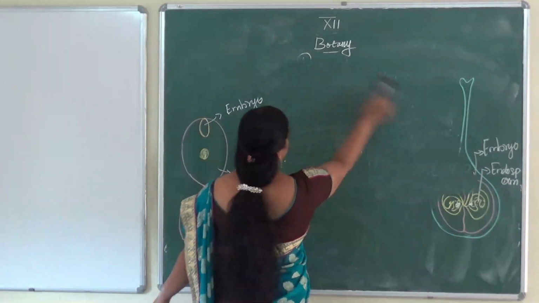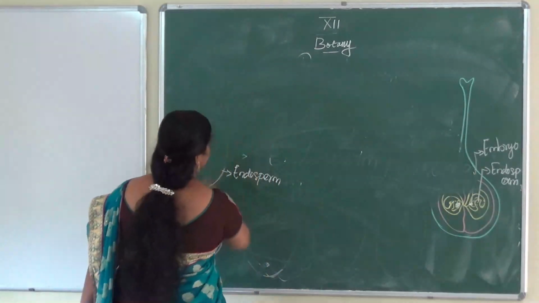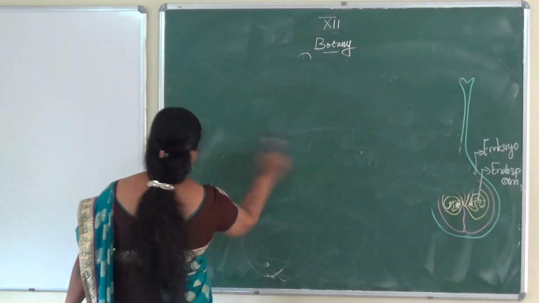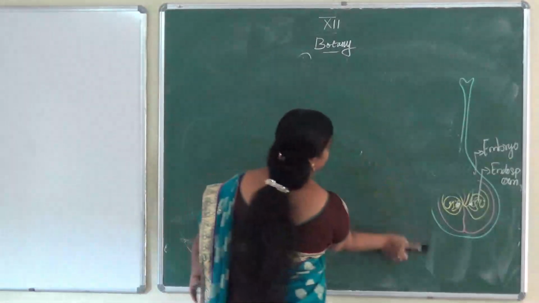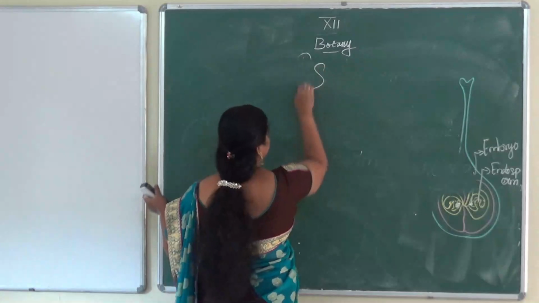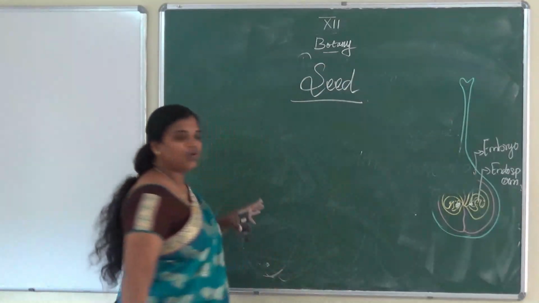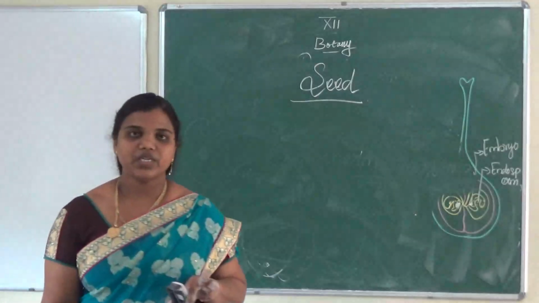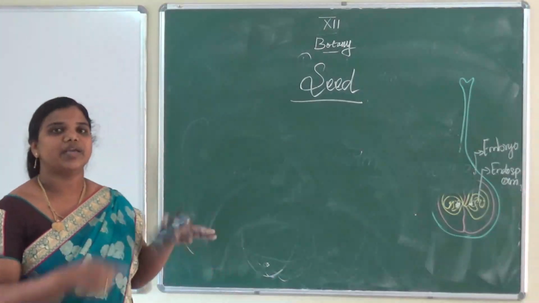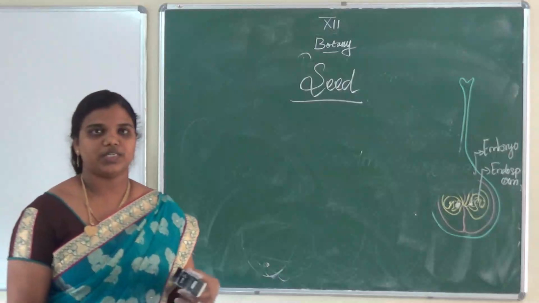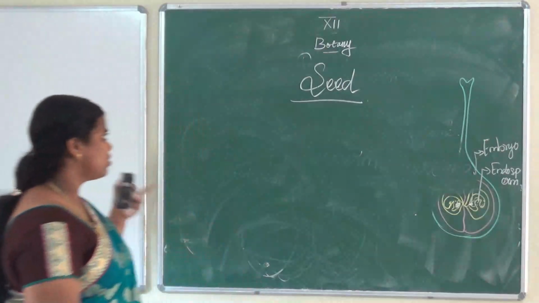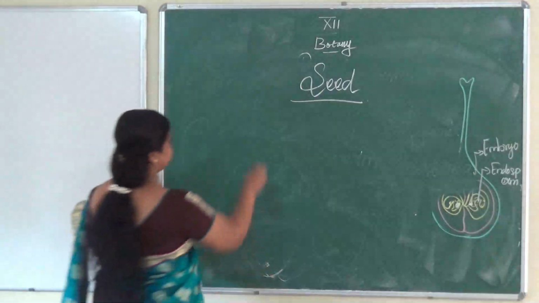Next topic, seed. You know two types of seeds, one is dicotyledon, the dicot seed, and the monocot seed. Now you have to see about the dicot seed.